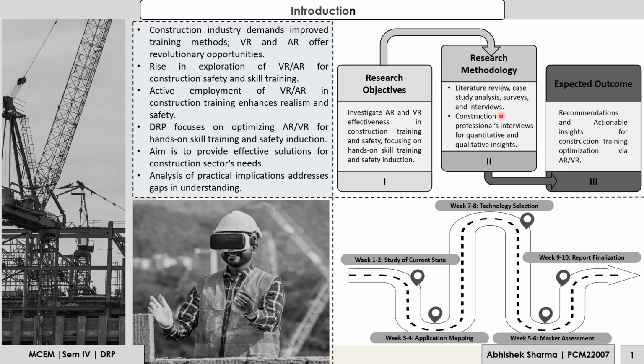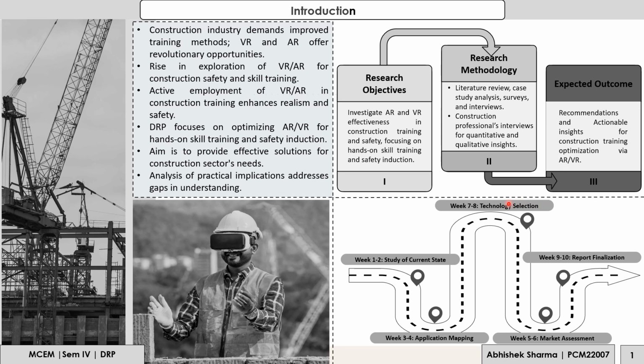For interviews, construction professionals from different sectors are interviewed for quantitative and qualitative insights. The expected outcome of this DRP is recommendations and actionable insight for construction training optimized via AR/VR.